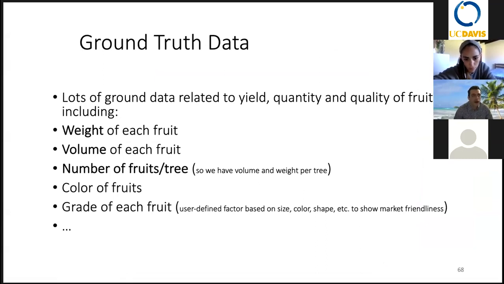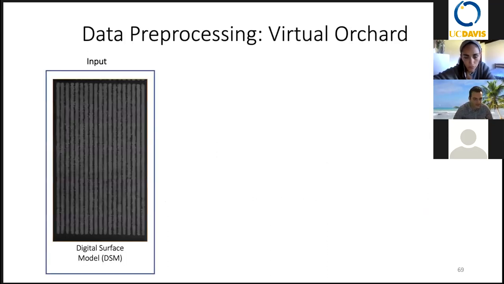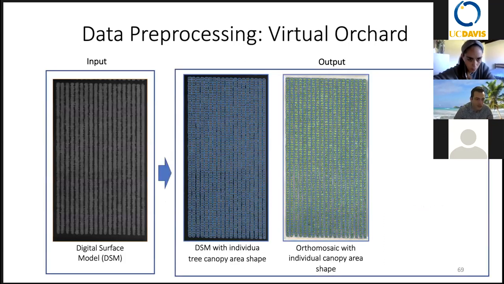For each harvested tree, we calculated weight, volume, and number of fruits, weight of each fruit, volume of each fruit, total yield, and fruit color. We measured a lot of features from the yield, and we wanted to see which ones we can predict using the aerial imagery.